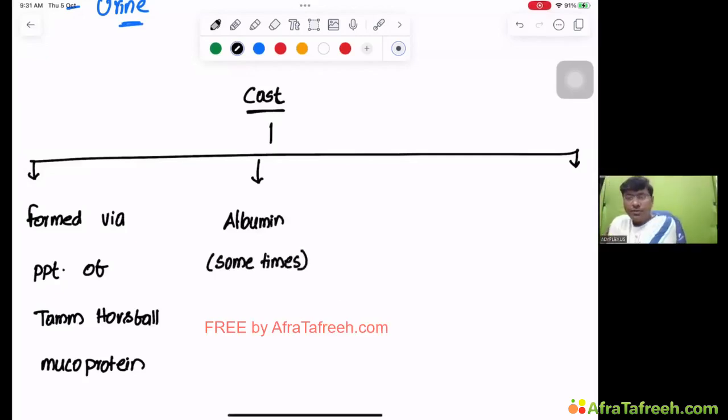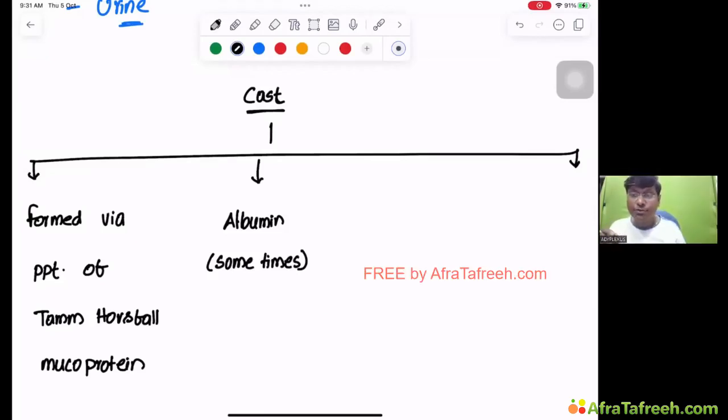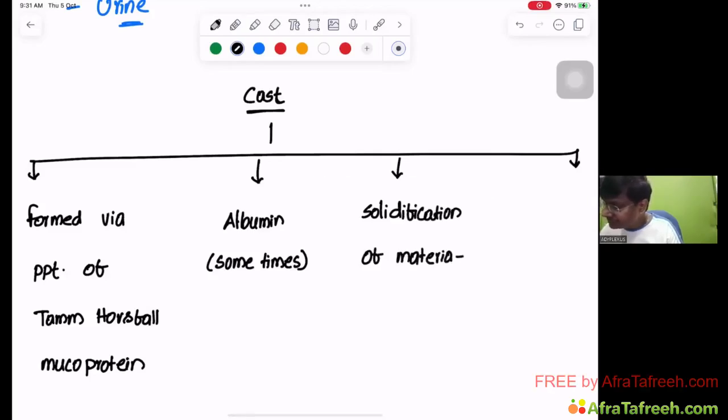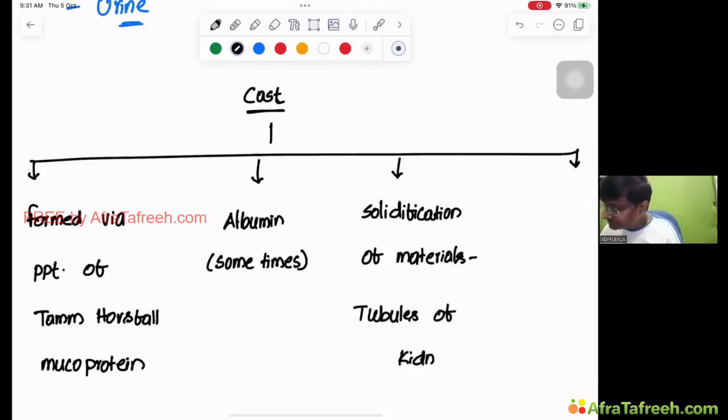Okay, now these particular casts are formed through solidification of the material. And where are they formed? That is due to solidification of material in the tubules of the kidney. Right, in the tubules of the kidney.